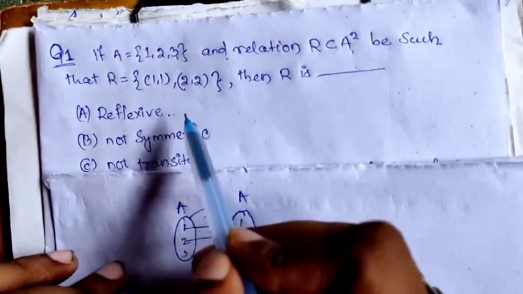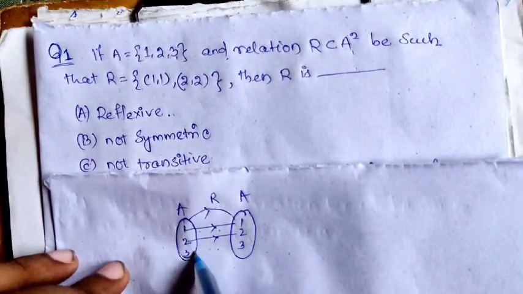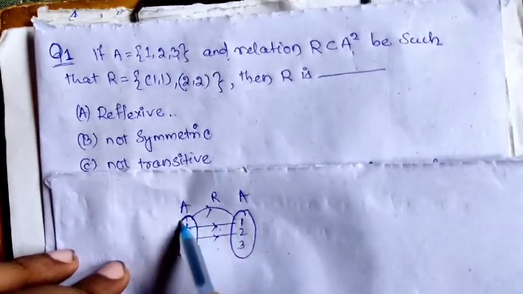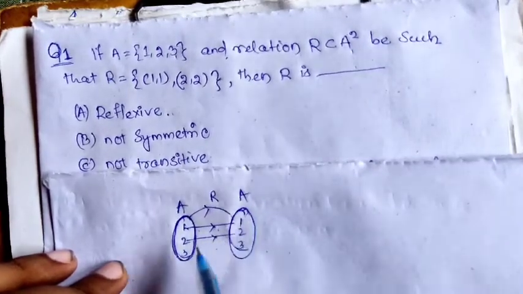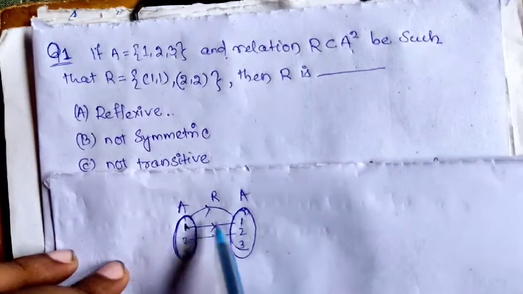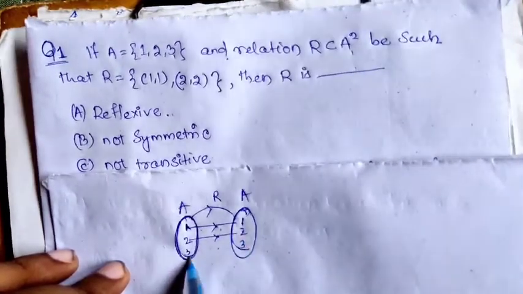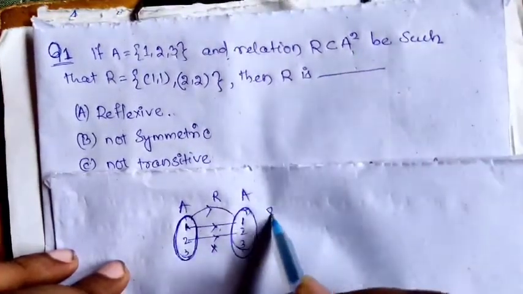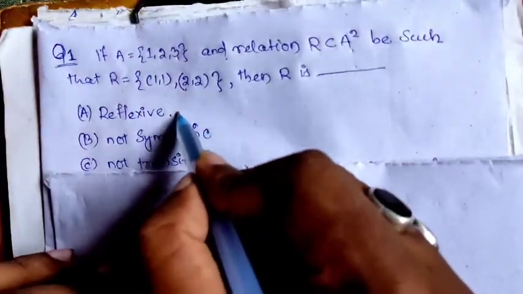For reflexive, we know that each element of set A should map with itself. Here 1 is mapped with 1, 2 is mapped with 2, but 3 is not mapped with 3. So it is not a reflexive relation.